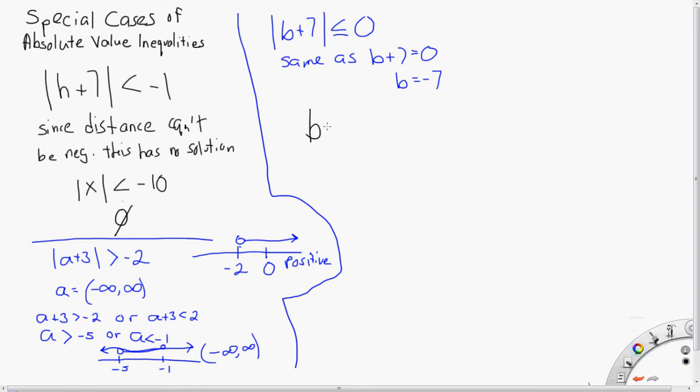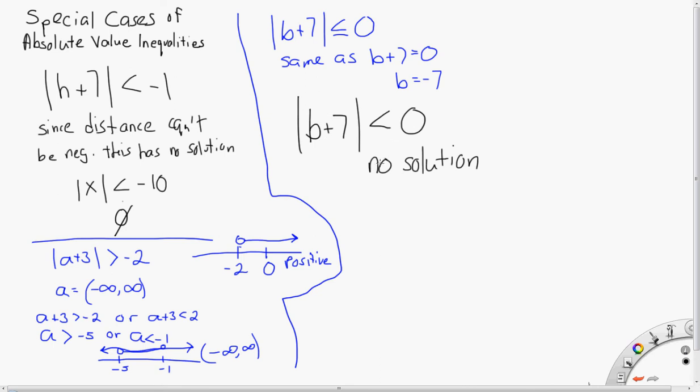Whereas the absolute value of b plus 7 strictly less than 0, no solution, since absolute value can't be negative.